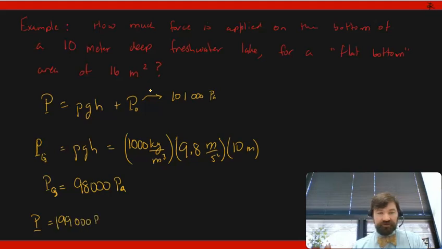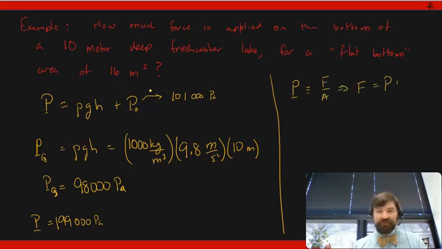199,000 pascals. And so now we ask, how much force is it? Well, pressure is defined as force per area, and that means that force is pressure times area. That means that my force at the bottom of this lake should end up being, in total, about 3,184,000 newtons.